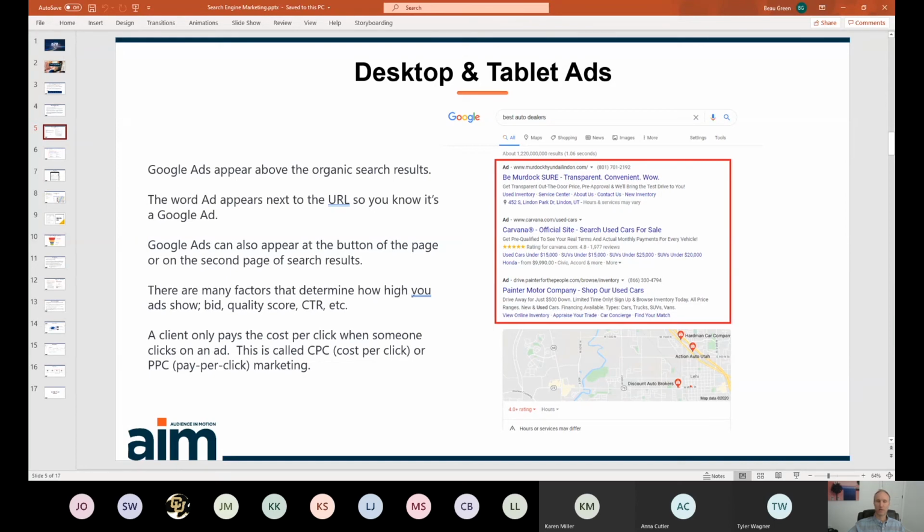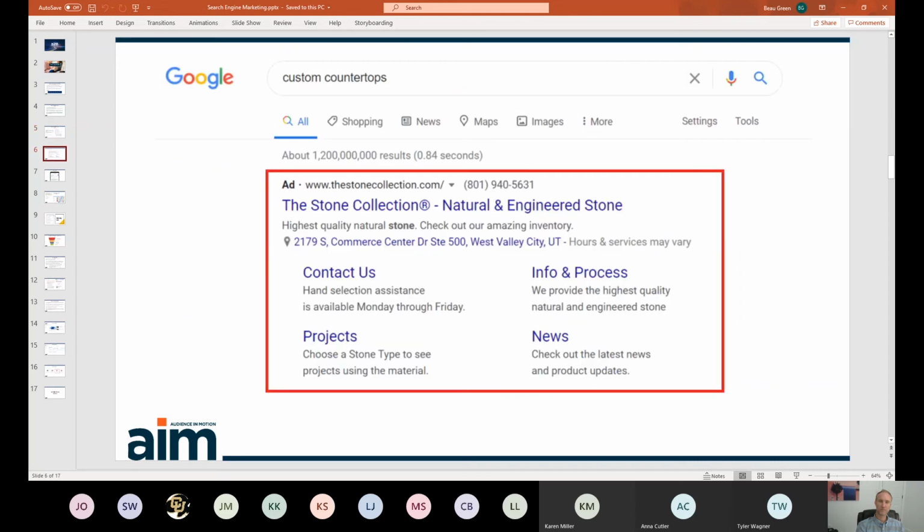A client only pays the cost per click when someone clicks on the ad, and that's why search engine marketing is sometimes referred to as cost per click or PPC marketing. The client literally pays just for the click that drives to the website, or you could also have people call their business directly.